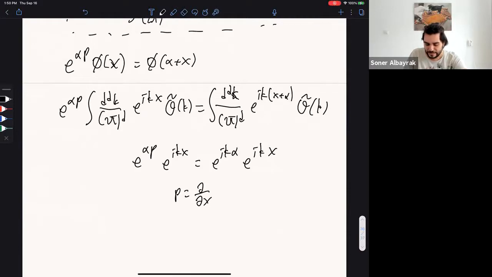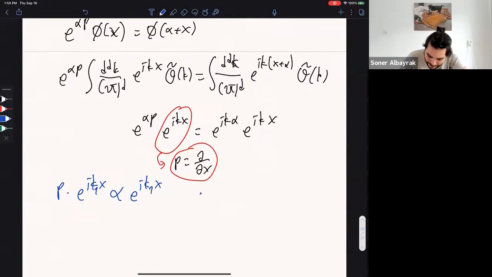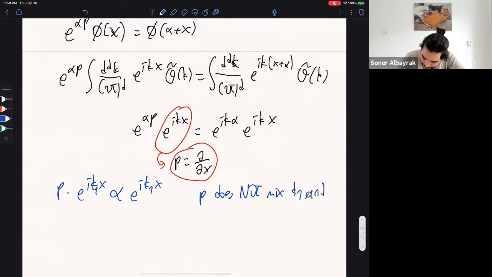But the difference here is that these functions, e to the i k x, are actually the eigenfunctions of this operator, in the sense that when p acts on e to the i k x, it doesn't mix. This is proportional to e to the i k1 x. So p does not mix k1 and k2, let's say.